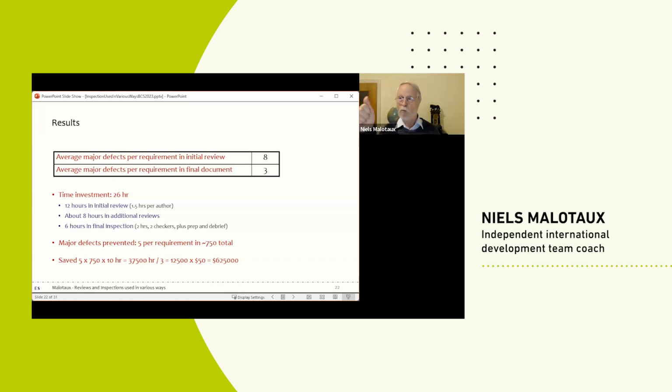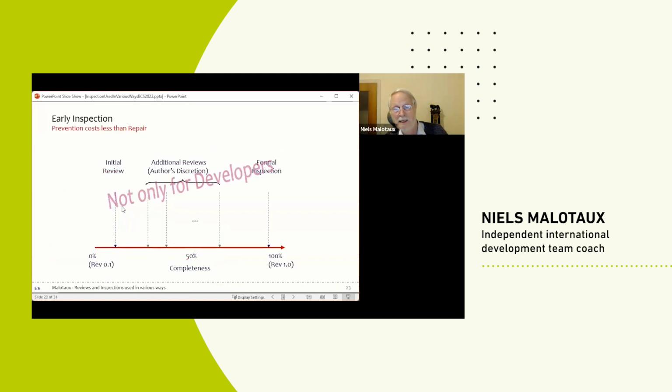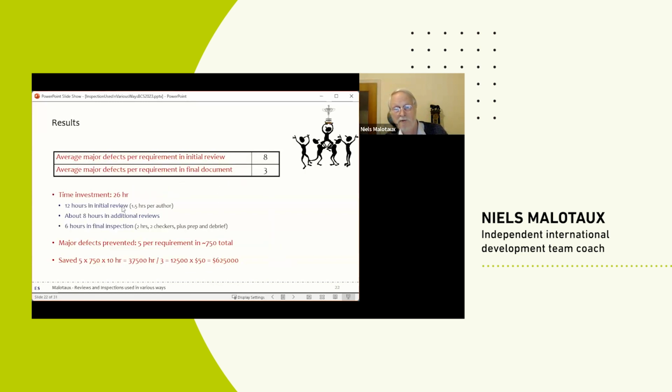So we say divide by 3. So 12,500 hours times $50, $500,000. With that number, and what was the investment? 26 hours times, maybe a little bit more expensive people, $2,000.